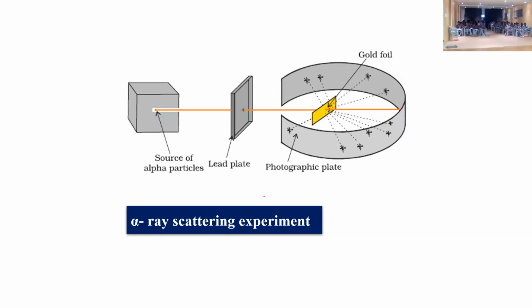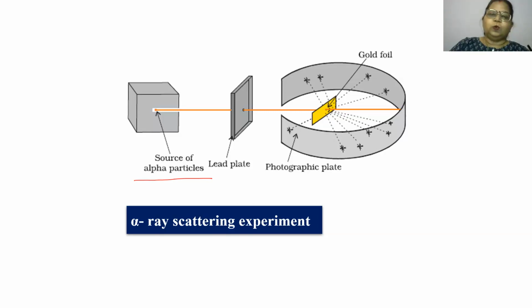Gold foil. No, gold foil is there in the center. Gold foil is here. I am asking what could he have used as a source of alpha particles? Doubly charged helium particles. No. From where will he get the doubly charged helium particles?